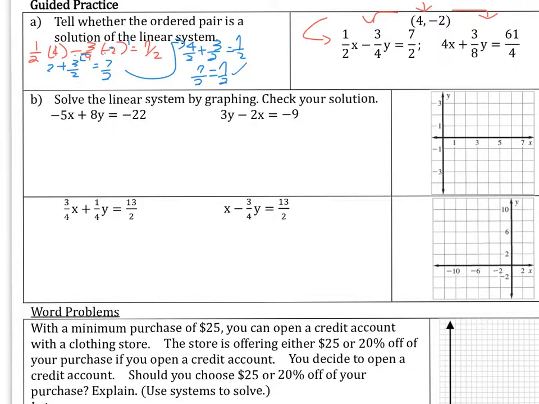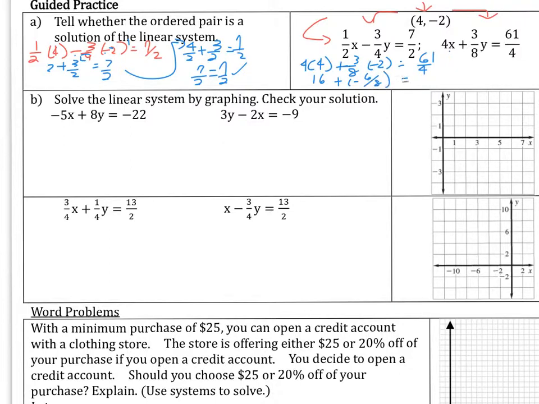Now we need to check the second one. I'm going to work it out here. 4 times 4 plus 3/8 times -2. And let's see, will this equal 61/4? We need to find out. 16 plus -6/8.